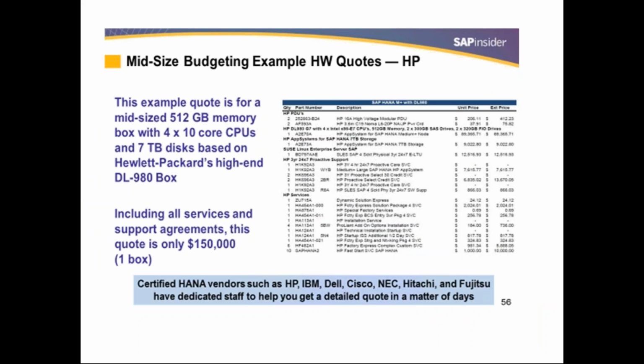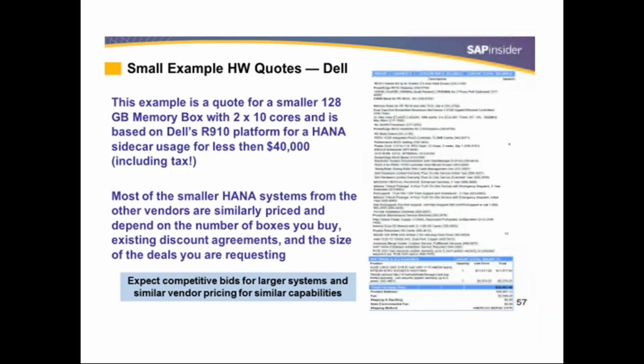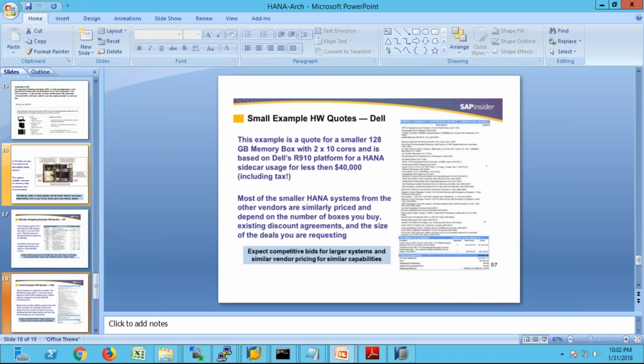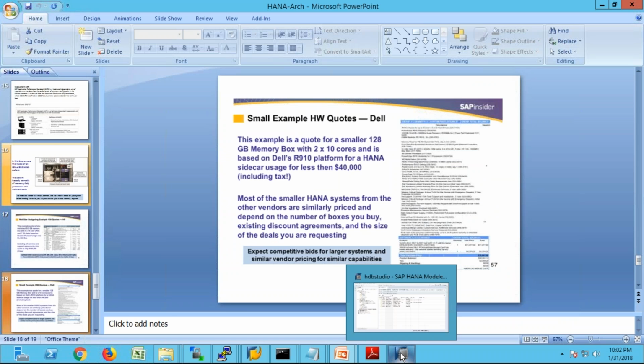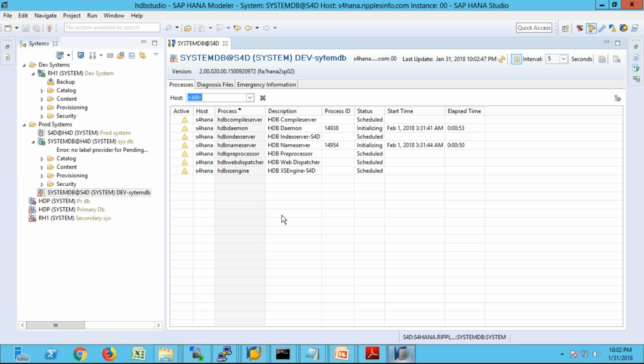It's just examples of what the cost will be. HP machine, and this is an example for small appliances with 128 GB RAM, Dell machine or 910 platform. We have a similar kind of appliance here actually.